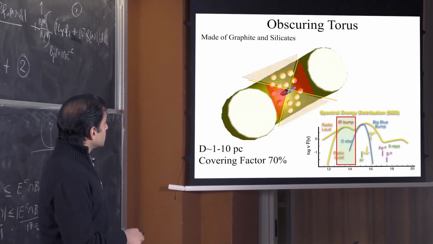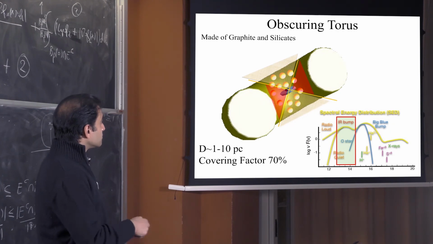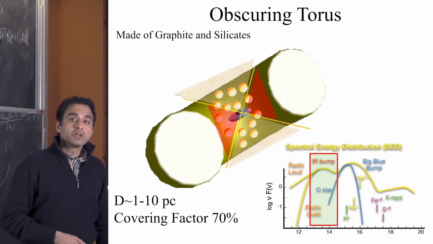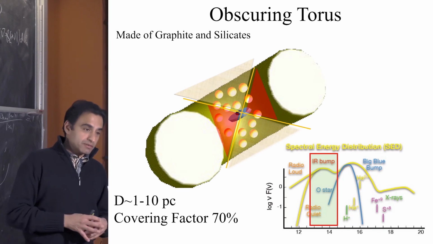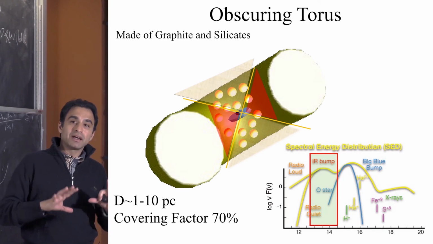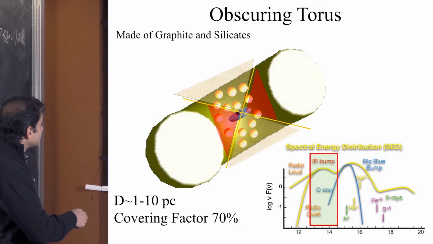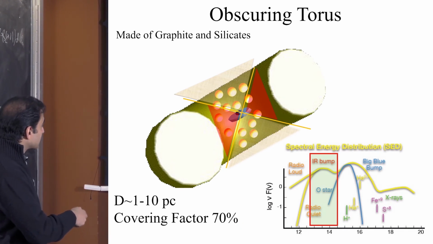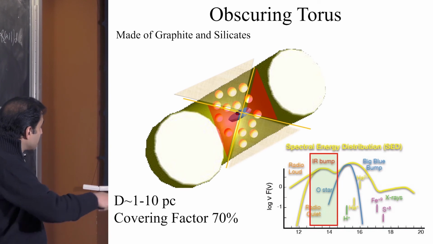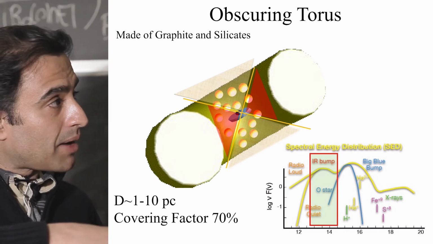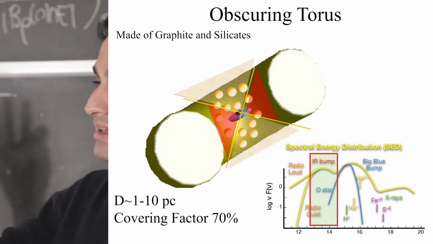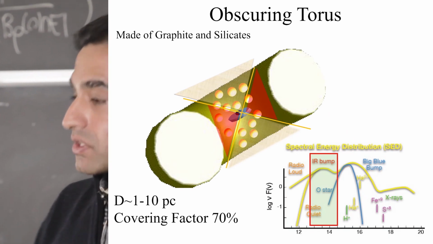So another part could be the so-called obscuring torus. Astronomers believe that there is some additional structure around the accretion disk. This is the black hole, this is the accretion disk, there are some clouds over there, and then there is a big donut of gas around the accretion disk.